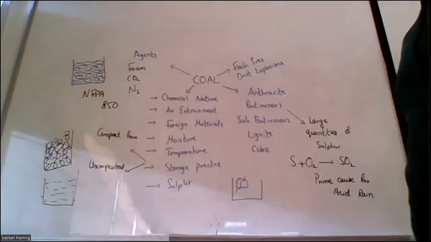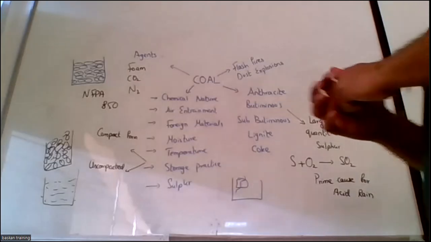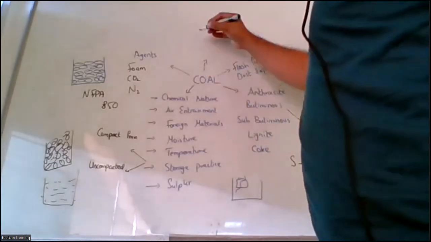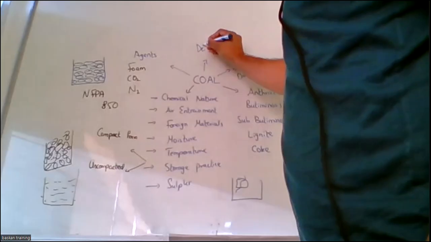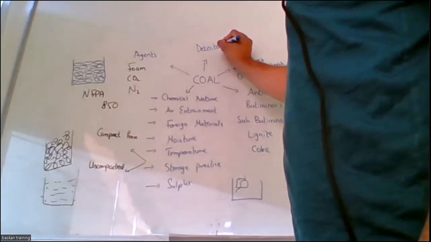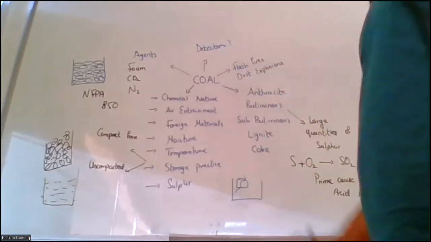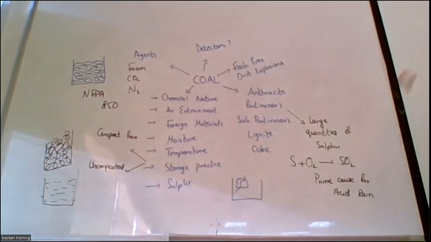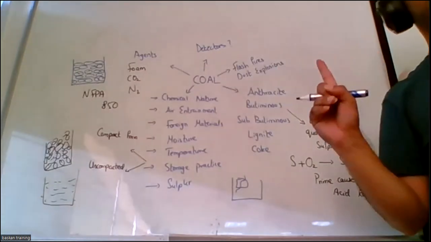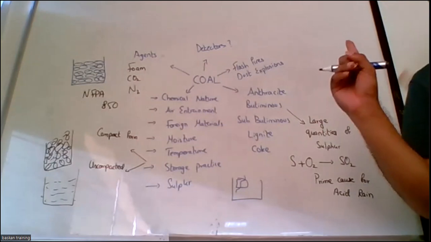So for detection in coal, what types of detectors can we use here? What type of detectors can we use? But remember one thing, in coal the most important thing is not the surface temperature.